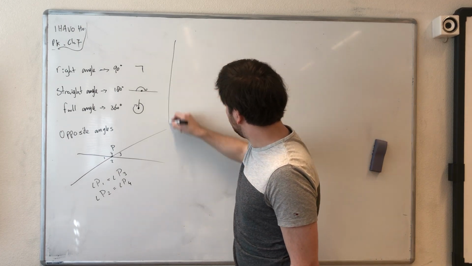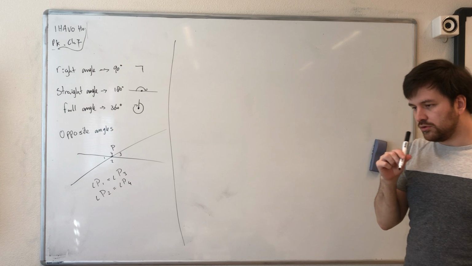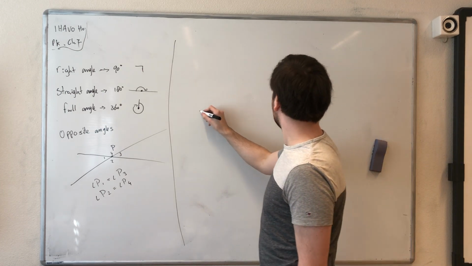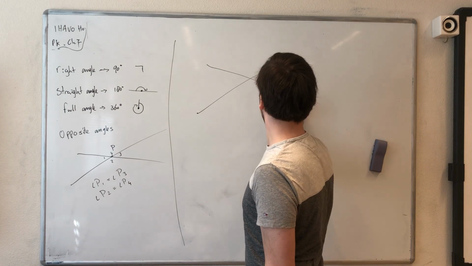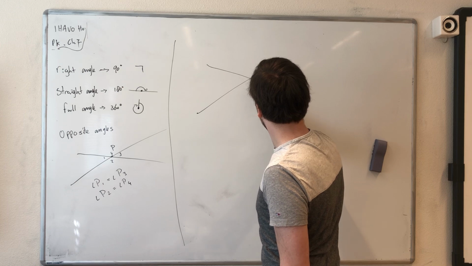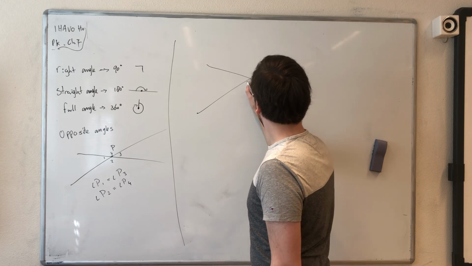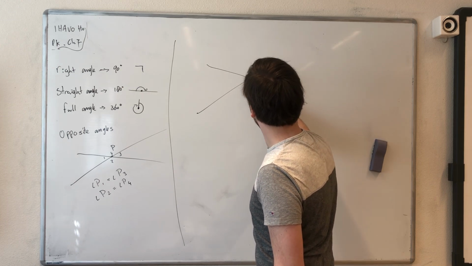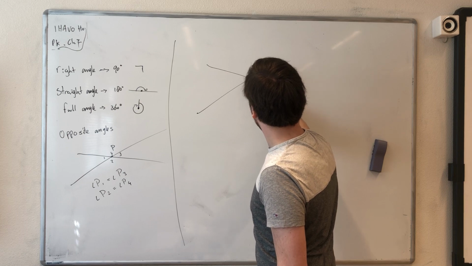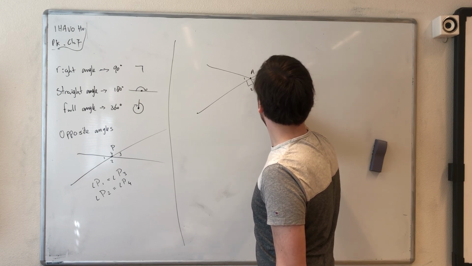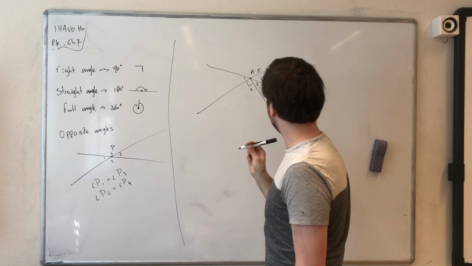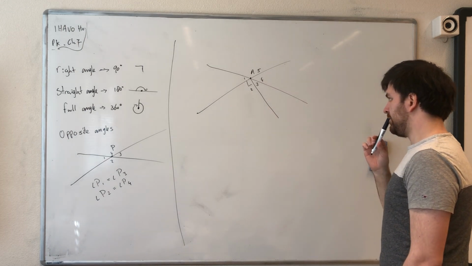Now we're going to use these tools in this example. I'm going to call this angle A: A1, A2, A3, A4, and A5.